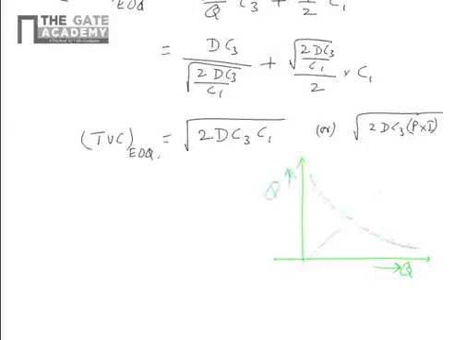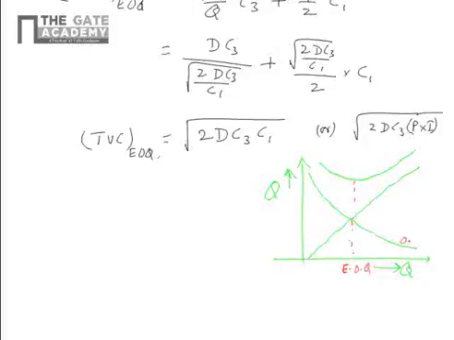So this is shown with a chart. This is also important, they asked once in GATE the same chart. So they have given a chart like this. Wherever it is minimum, that is the EOQ, economic order quantity.